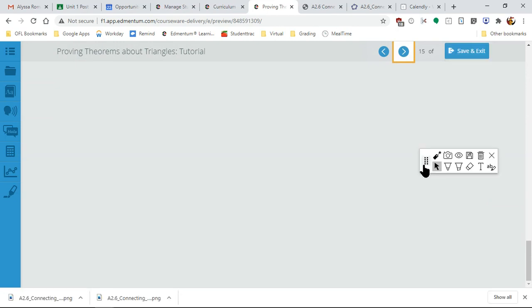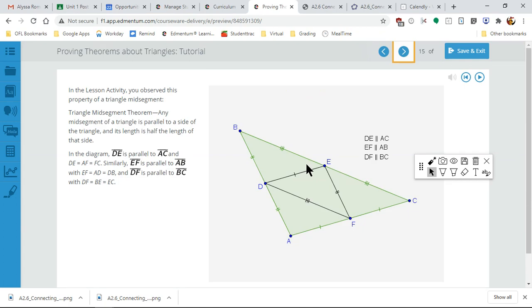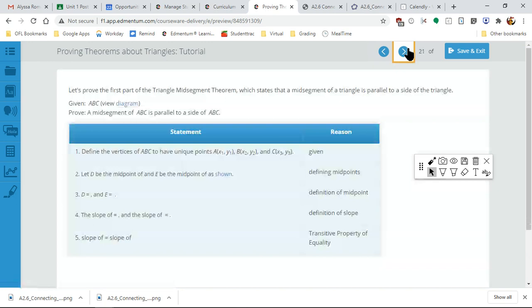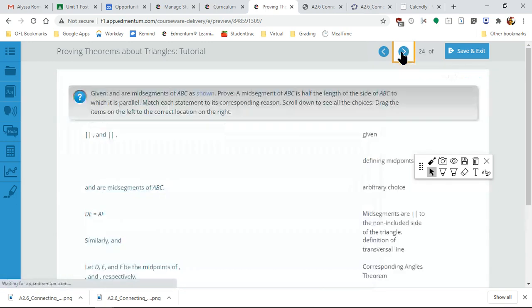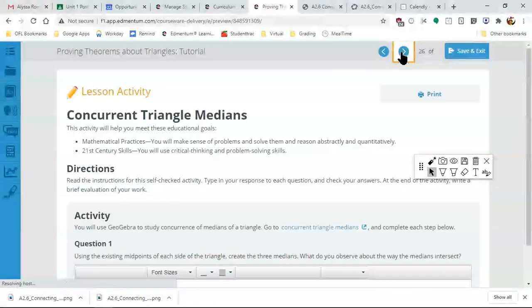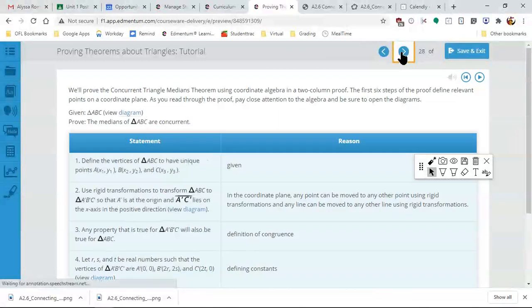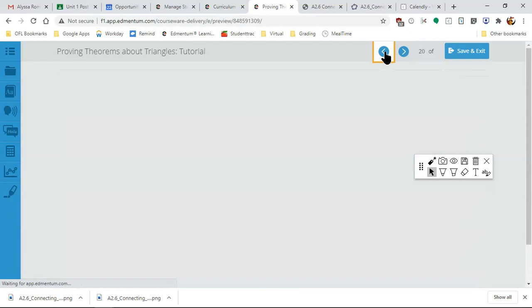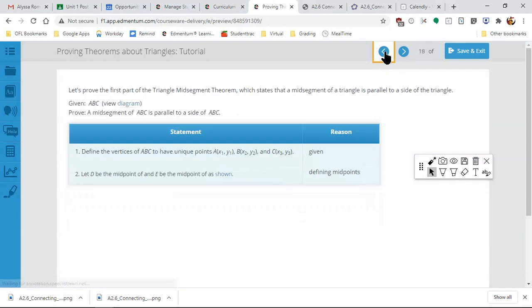So we don't have that much time. Let me see what's going on. So this is just going to go into why these all make a triangle in the middle. Let me see how many slides we have left. We have a few slides left. Oh, wow, we have a lot left. 31 slides.